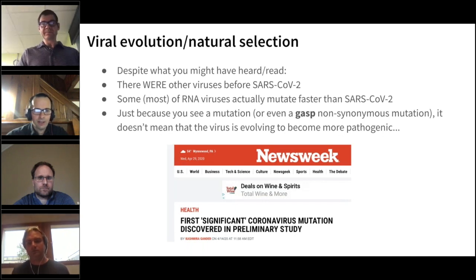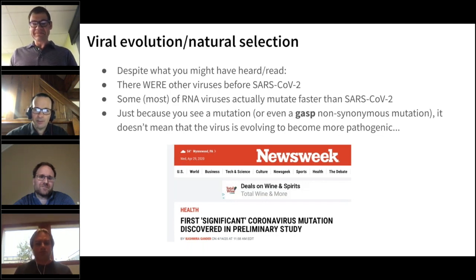Despite what you might have heard or read, there were other viruses before SARS-CoV-2. A lot of the scientific research reads like this is the first time we've ever seen this. As Anton mentioned, most RNA viruses actually mutate faster than SARS-CoV-2 because they lack proofreading exonucleases.